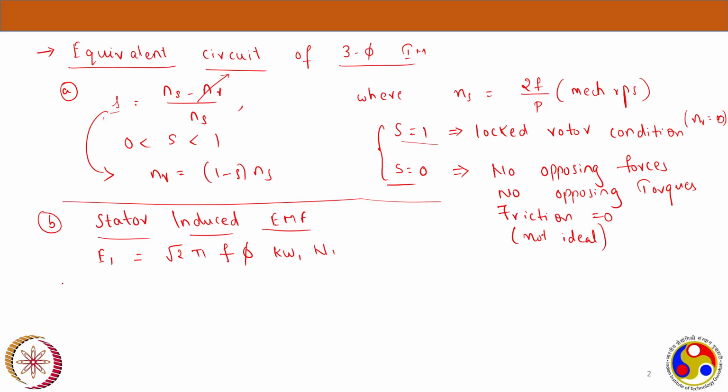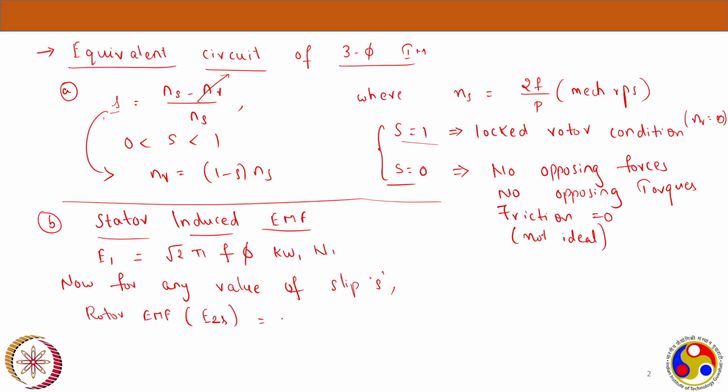Now, if I want to write the same equation for the rotor EMF for any value of slip S, I'm calling it E2S, because there is slip associated with it.